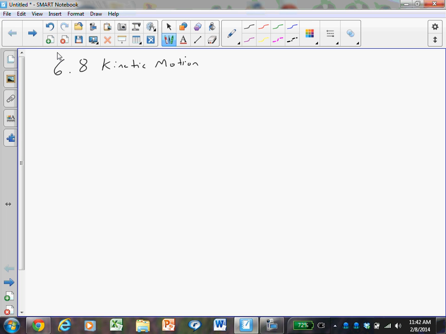We can get to kinetic energy from the work formula, or we can get its mathematical expression from work. So we start out with work is force times delta S, right?